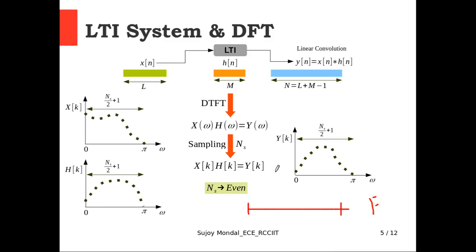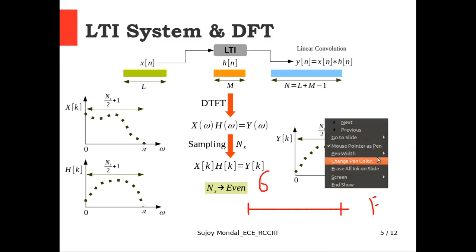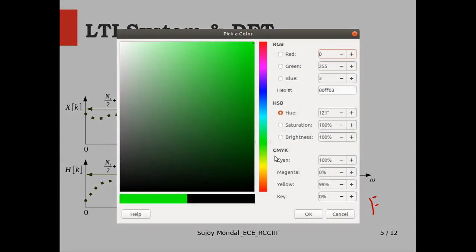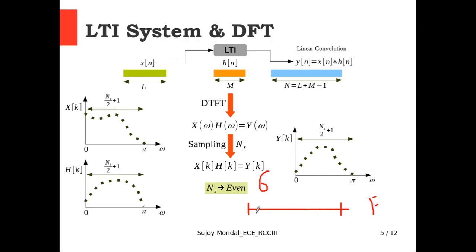Let's say capital Ns we are considering as 6, so if we pick up these points: 0, 1, 2, 3, 4, 5, and let's say this is 6.